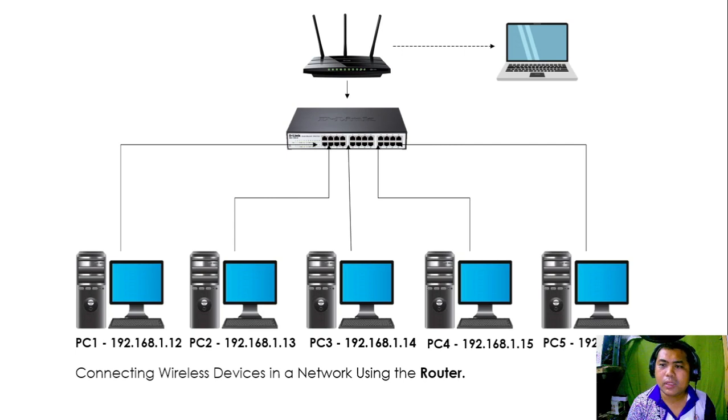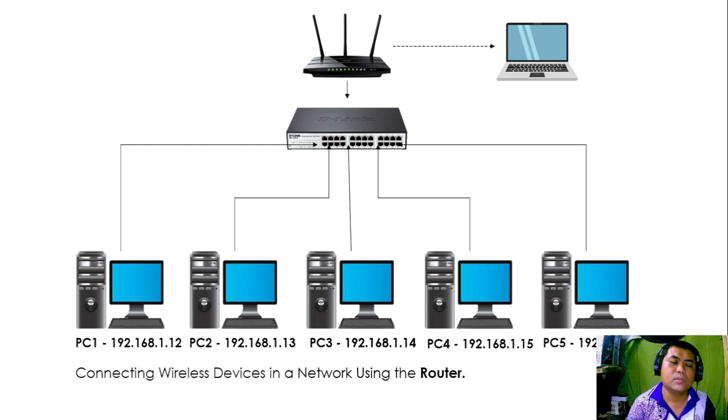What other differences are there between a router and a switch, ma'am, sir? Our switch has no IP address. Unlike the router, which has an IP address that connects to our internet service provider.